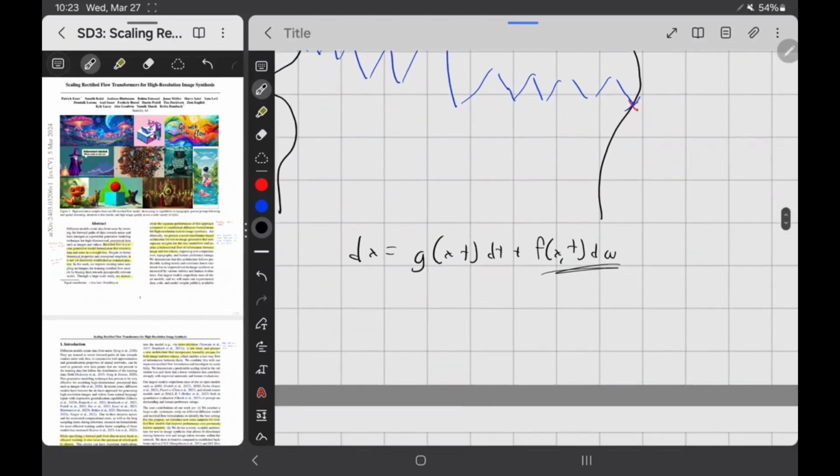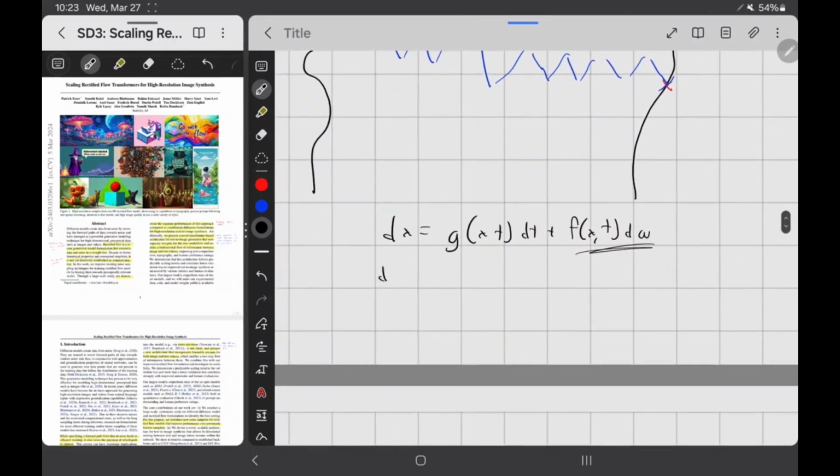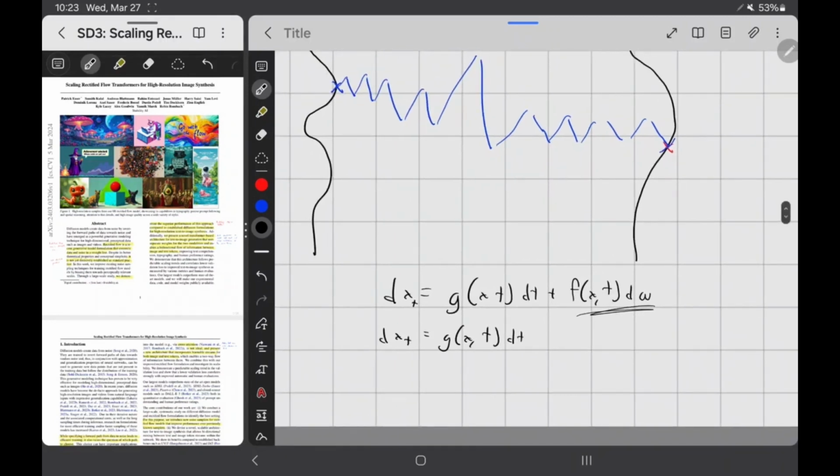And what you do is you use an ODE to go backward in time. So d of xt is equal to g of xt and dt. It's actually some mess, and it uses score. Score is something else, but I can talk about score in a second.